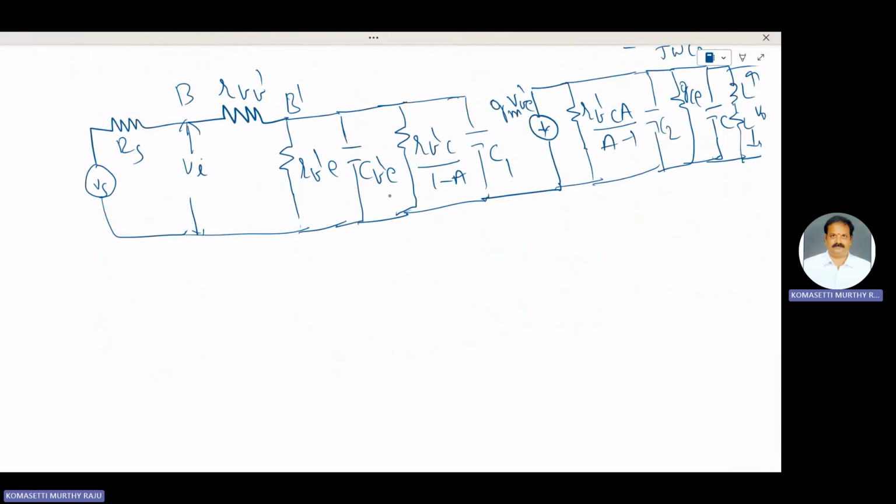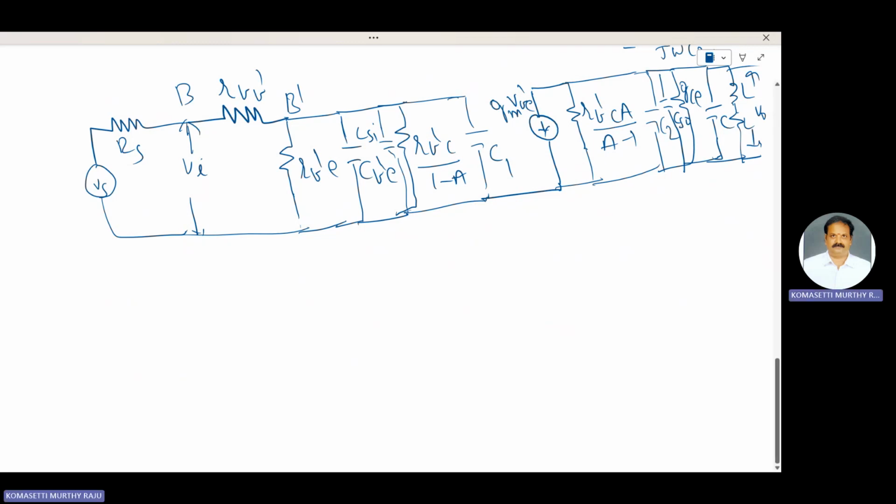Again, at the input side, one more capacitance is added, that is the input stray capacitance, CSI. At the output side, one more capacitance is also added, the wiring capacitance, CSO.